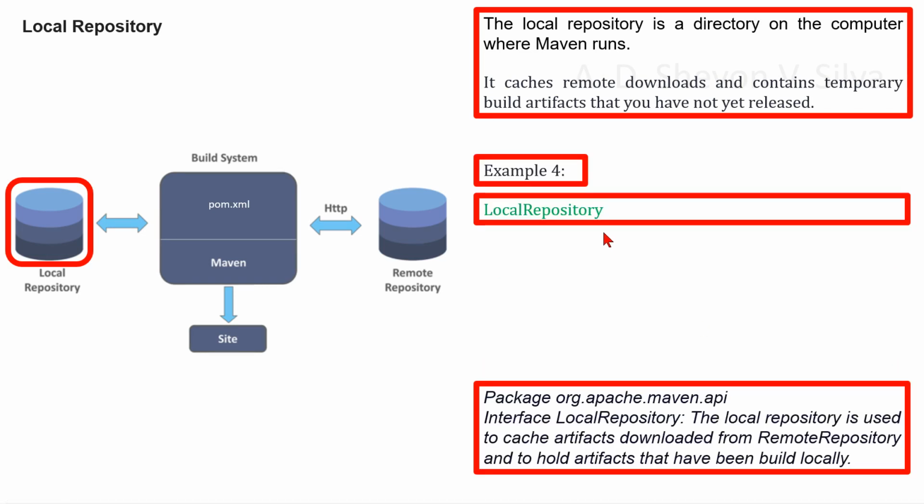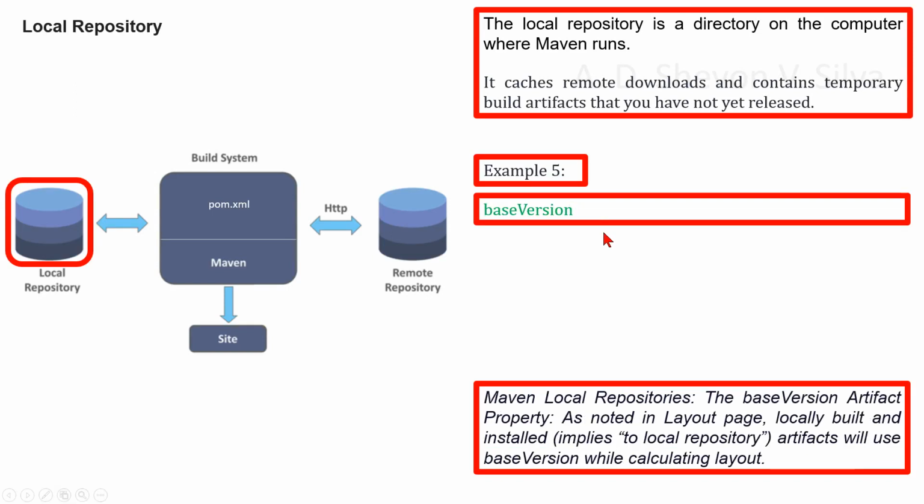Now we are considering the interface LocalRepository in package org.apache.maven.api. The local repository is used to cache artifacts downloaded from the remote repository and hold artifacts that have been built locally. Now we are considering the base version artifact property in Maven local repositories. As noted in the layout page in the documentation, locally built and installed implies the local repository artifact uses base version while calculating layout.